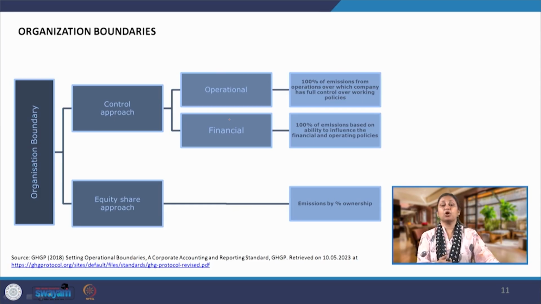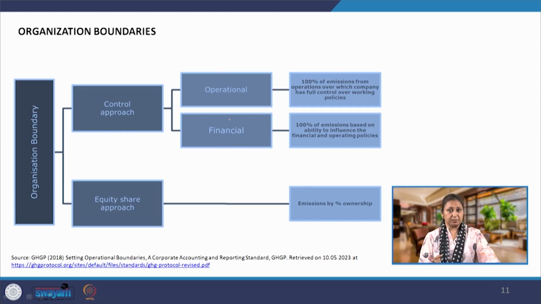The same is with operational control. If I have an equity investment and the policy matters and decisions are being governed by the parent company also, then the emissions accruing from there will be added to the parent company as well.